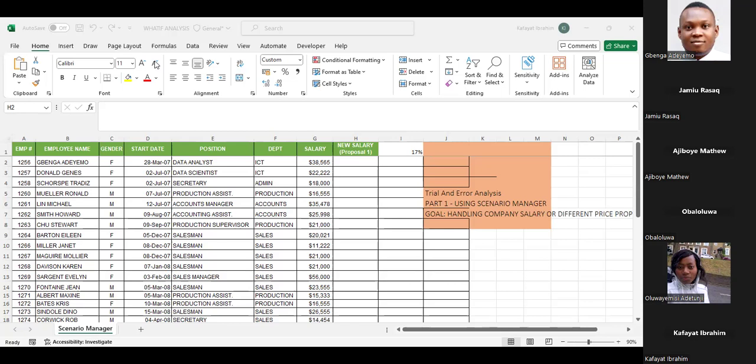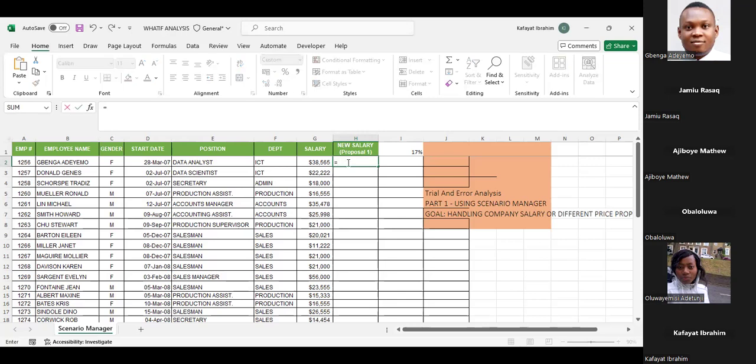Now, what we are doing here is very similar. Kafayat, can you repeat the same absolute referencing in this part? Give me the new salary based on the percentage you have in your I1. Please do that in seconds. Let's see. Do you still know the formula?